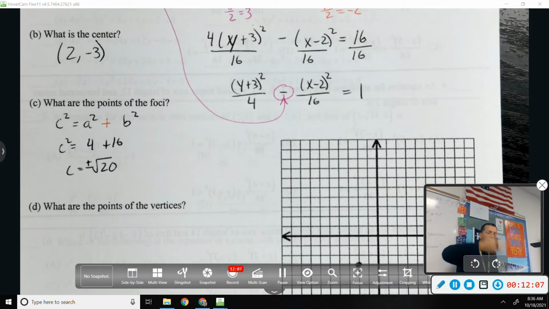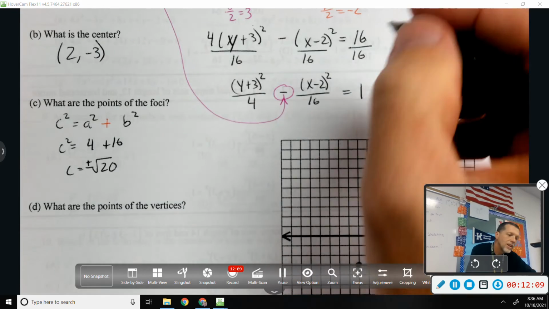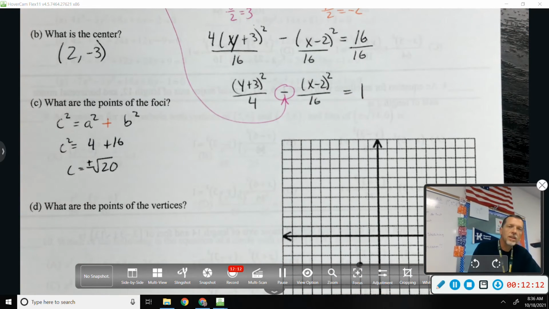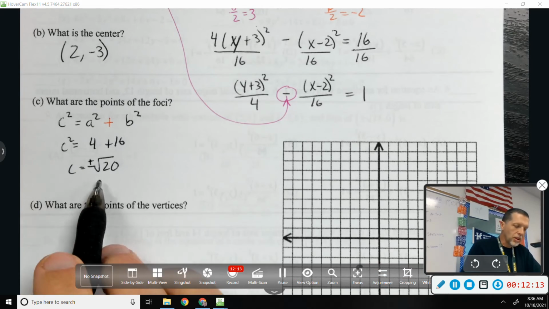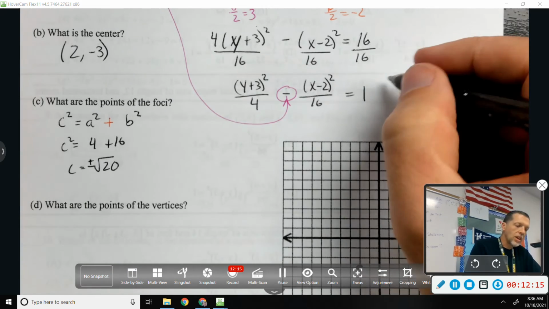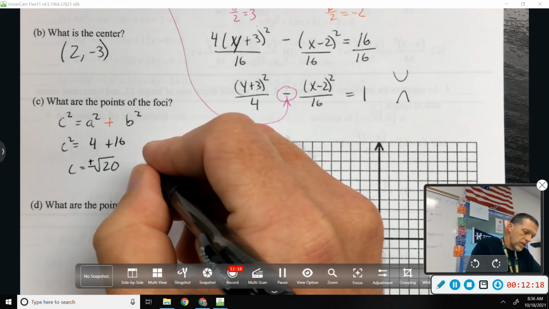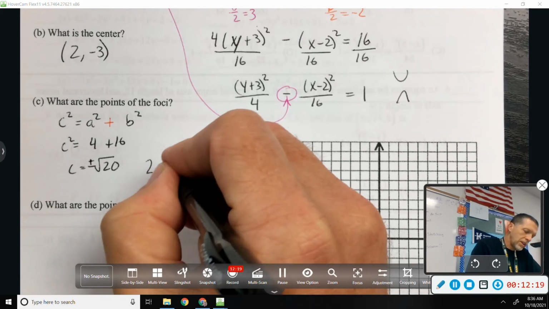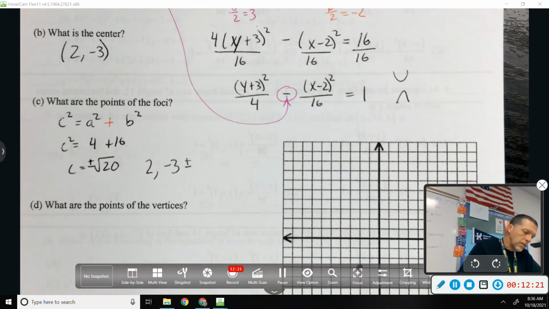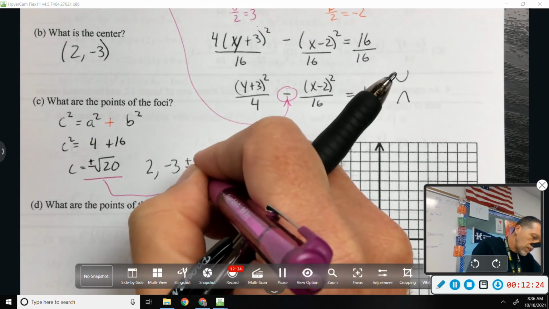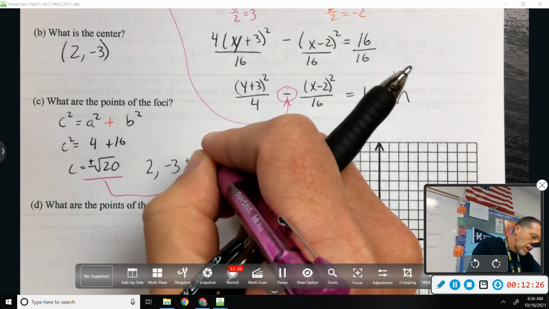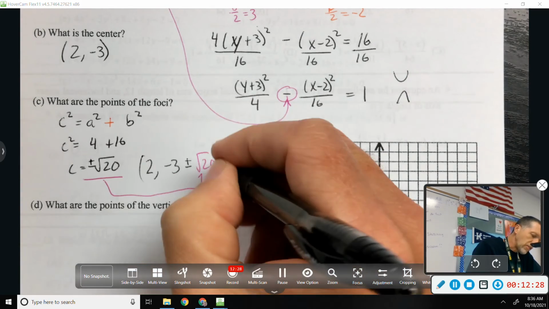Are the foci up and down or left and right? You have to do the center plus that. But which coordinate is getting the plus or minus square root of 20? Y. So it'd be -3 plus or minus square root of 20. So 2, -3 plus or minus square root of 20 for my foci.